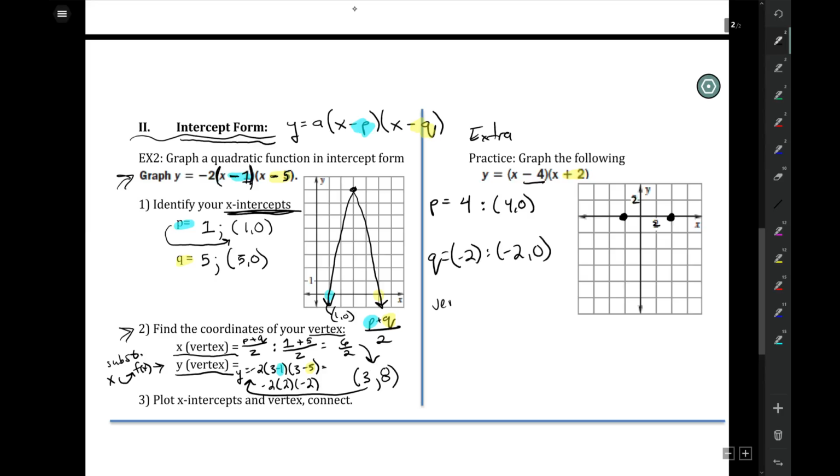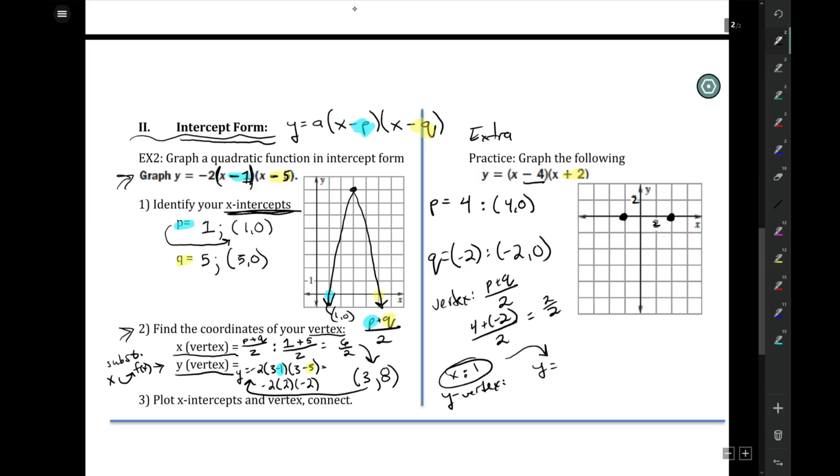We've got to find the vertex. Name of the game for the vertex, P plus Q, all over 2. That means it's 4 plus -2 divided by 2, which is 2 over 2, or 1. And if I want to find the y of the vertex, I need to substitute the x into the function.